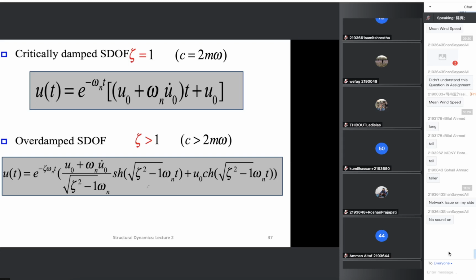I think you have this experience. The seat of the car can be simplified as an SDF system. Your body is a mass, and the car itself can be modeled as a stiffness, as a spring, and also a dashpot. When the car is running across a rough surface, a bump, because of the impact force or the change of velocity, the seat will start to vibrate because there are mass, stiffness, and initial conditions.